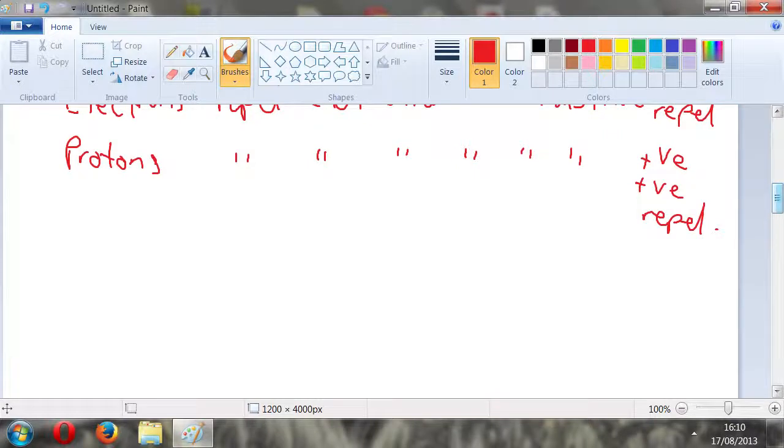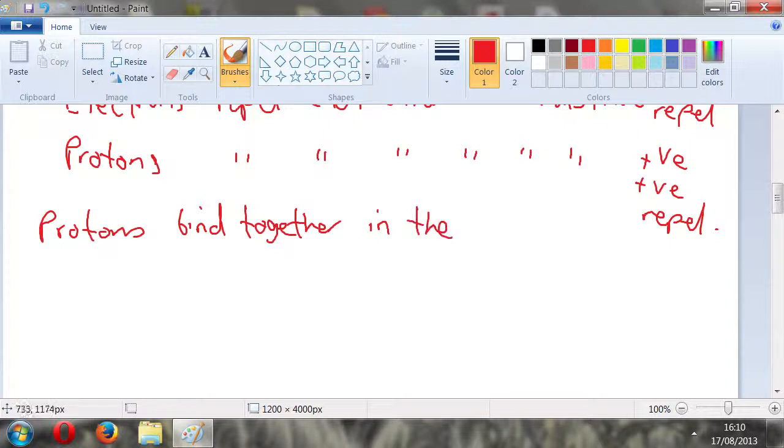Now protons bind together in the nucleus because of the strong nuclear force.